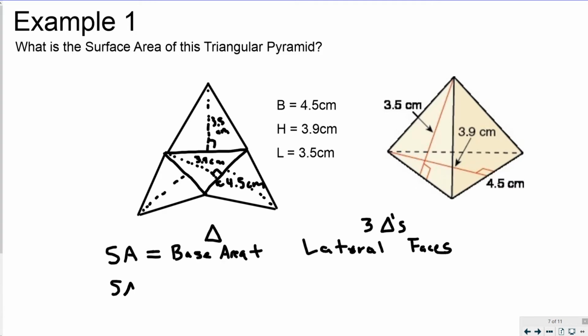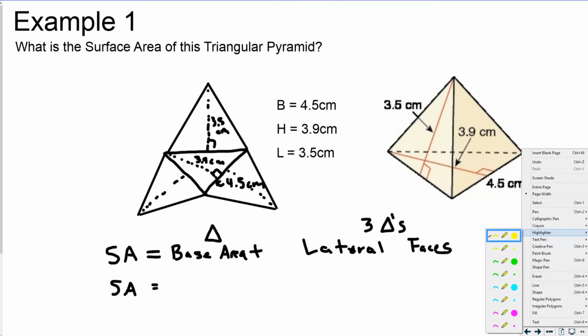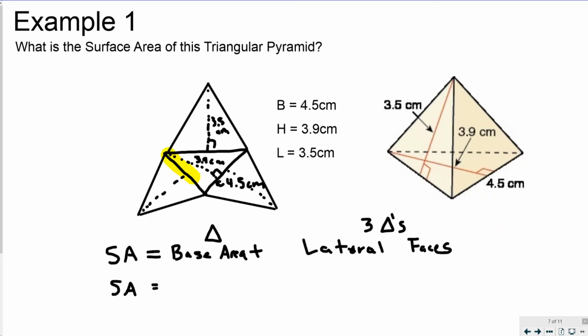So the surface area here, if I look at just this triangle right here, the one on the bottom, the base, it has an area. We need to remember that the formula for the area of a triangle is 1/2 times base times height.